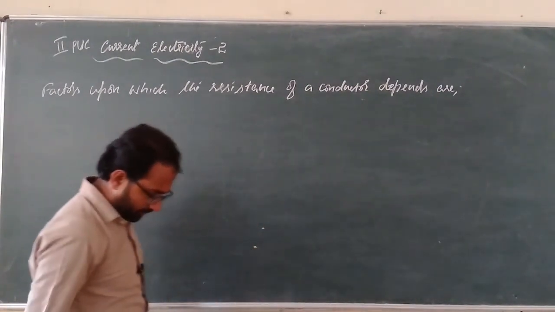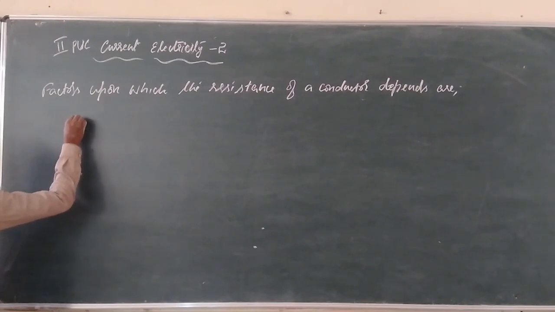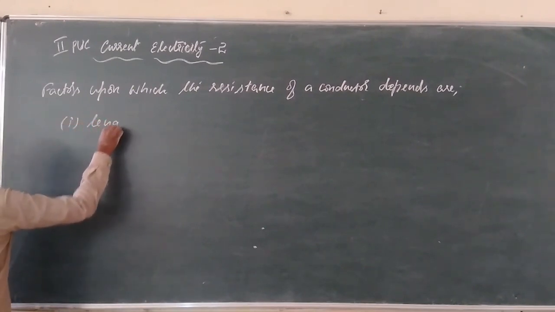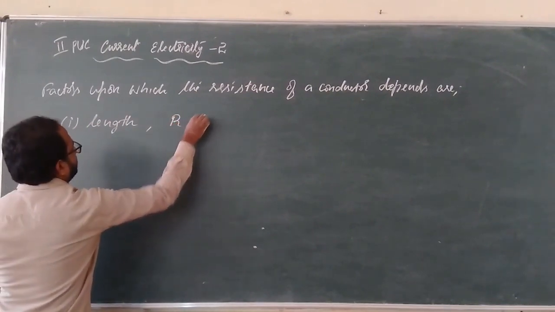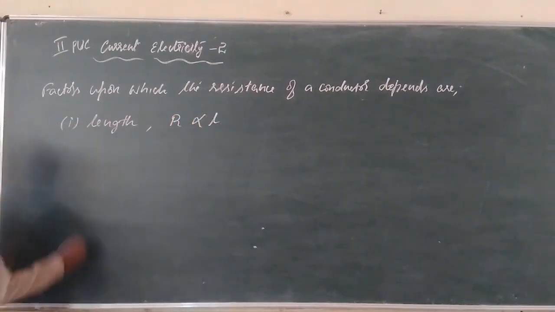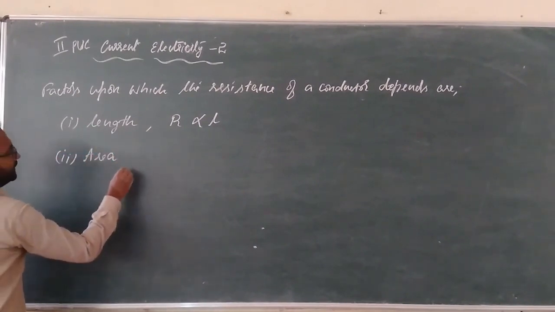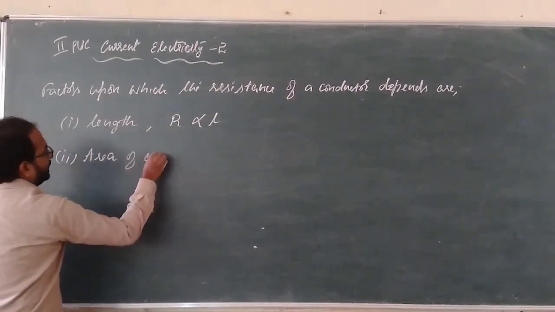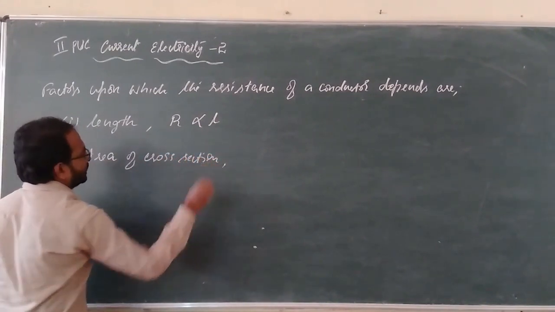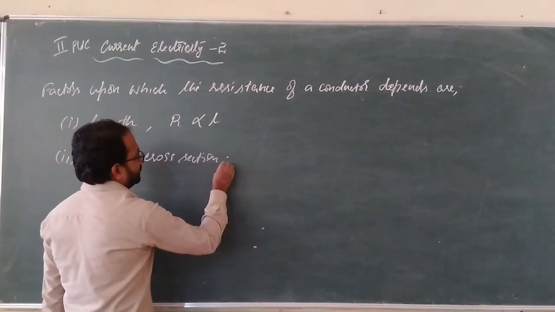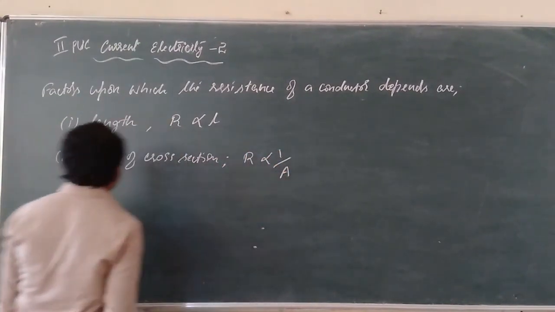The first one is the length of the conductor. The resistance of the conductor is directly proportional to its length. The second one is the area of cross section of the conductor. R is inversely proportional to A.